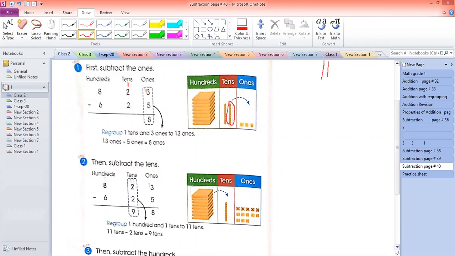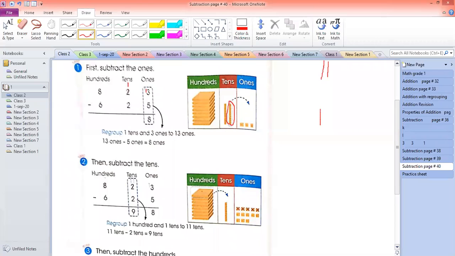Again, when I come to subtract tens, these are 1 tens and I need to subtract 2 tens. I cannot subtract 2 tens from 1. I draw one line. If I say cut 2 lines, you say I cannot cut it. What will you do? You will regroup 100 with the tens. Look here in the figure.